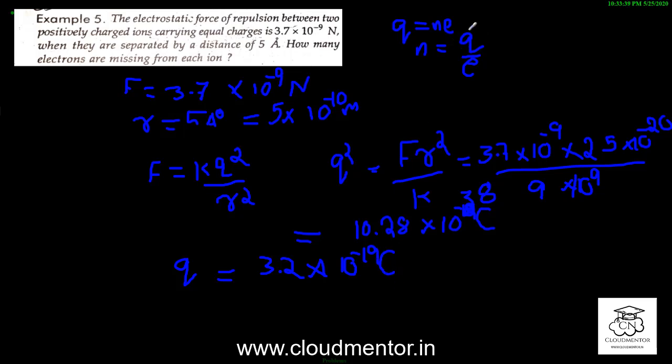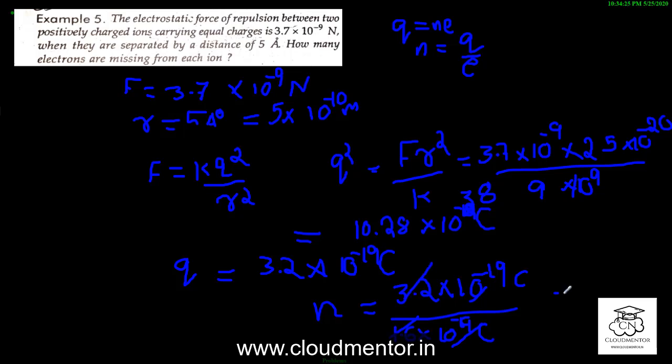So we got the Q. Now we can find the number of electrons missing, N = Q/e. Q is 3.2 × 10^-19, divided by the elementary charge 1.6 × 10^-19 Coulomb. So we get N equal to 2. The number of electrons missing is 2. That is the answer.